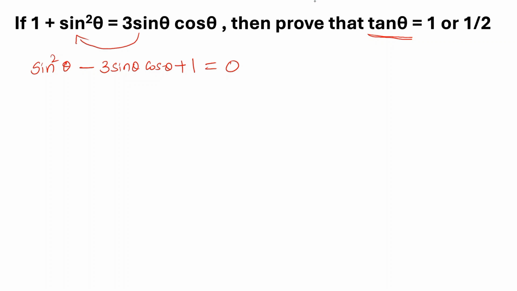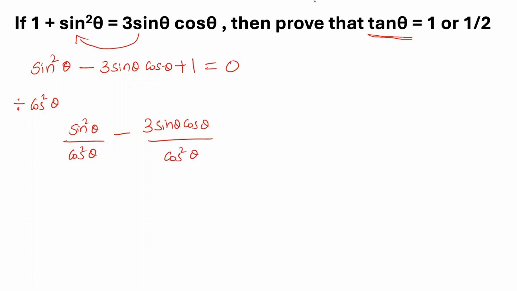So how can we make it related with tan theta? Just dividing by cos square theta, right? If you divide by cos square theta, this first term will be in terms of tan theta, tan square theta. So sine square theta divided by cos square theta minus 3 sine theta cos theta divided by cos square theta plus 1 by cos square theta.